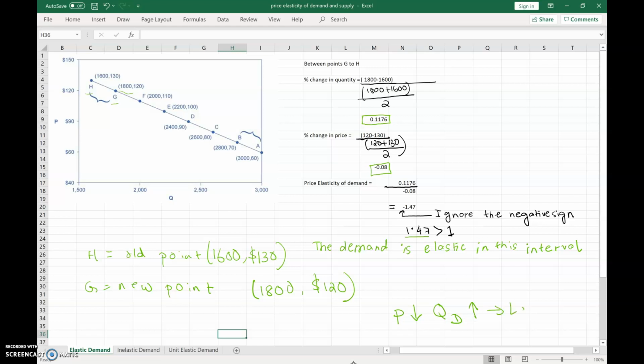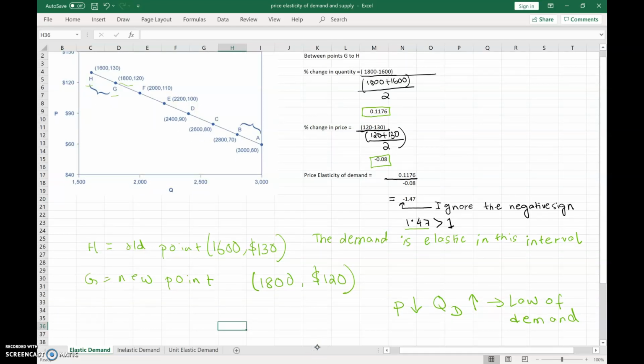This is the law of demand, which we saw in the chapter on demand and supply. And because of this, we have the negative value here. But we have to ignore the negative sign and look at the magnitude of this value, if it is greater, less, or equal to 1.